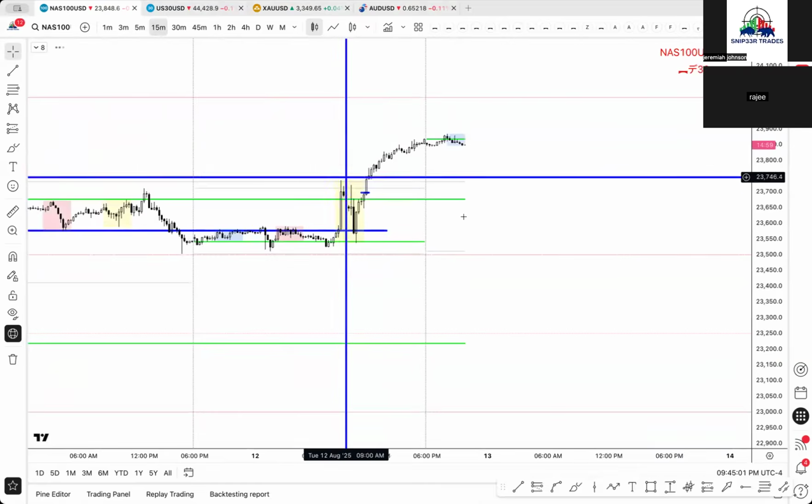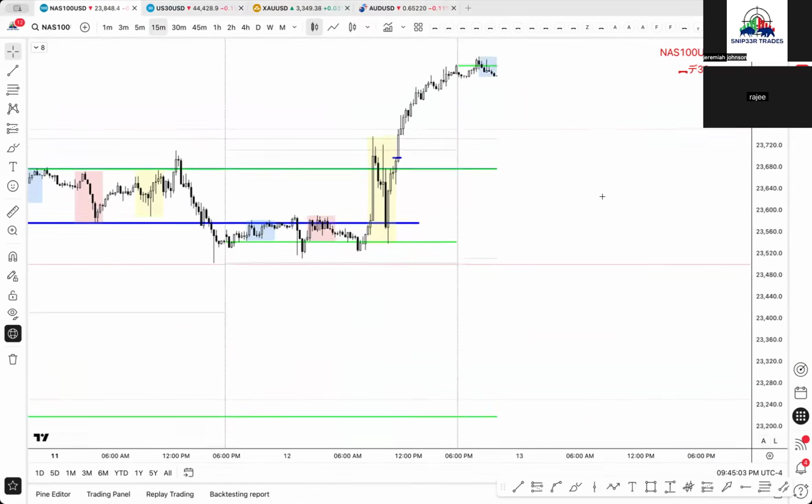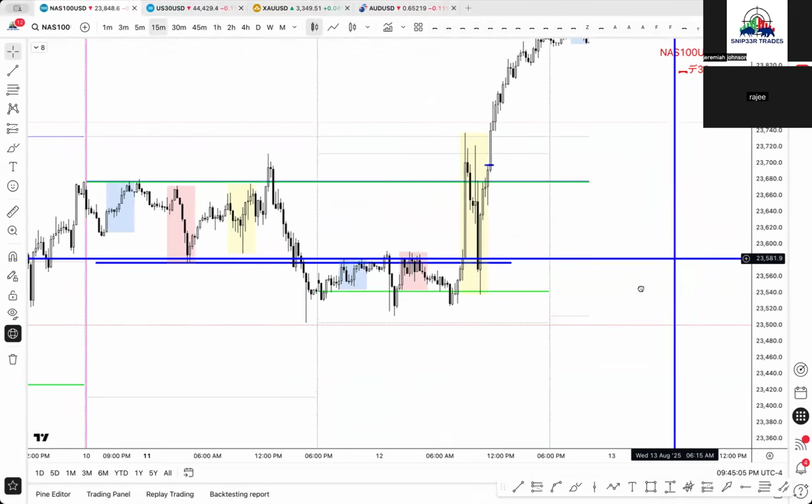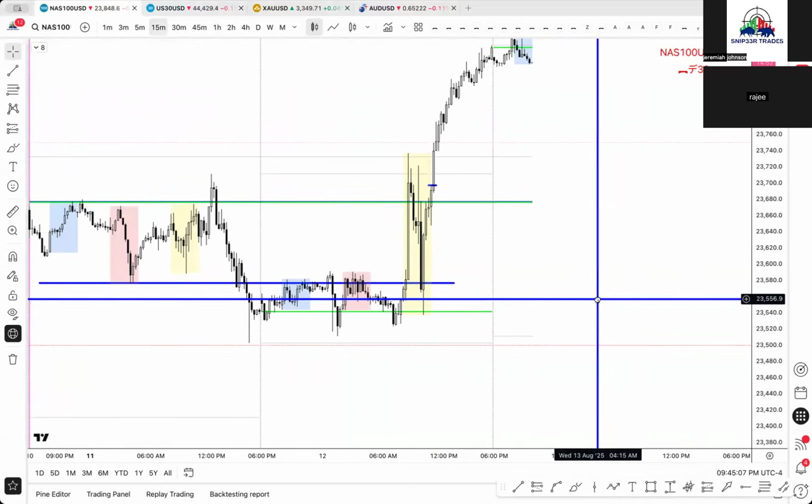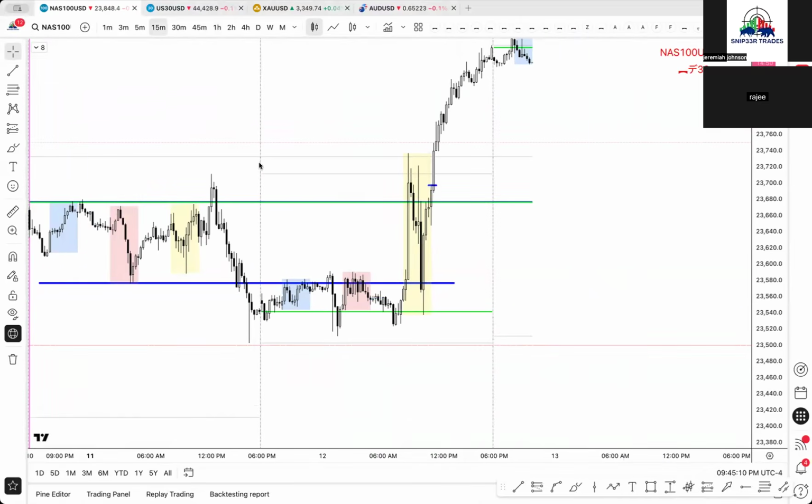Go to our 15 minute. Monday's the opening range. Don't overthink this. All Monday does is give you a high and a low. Tuesday gave you higher highs, which is the recipe for the dump and pump.